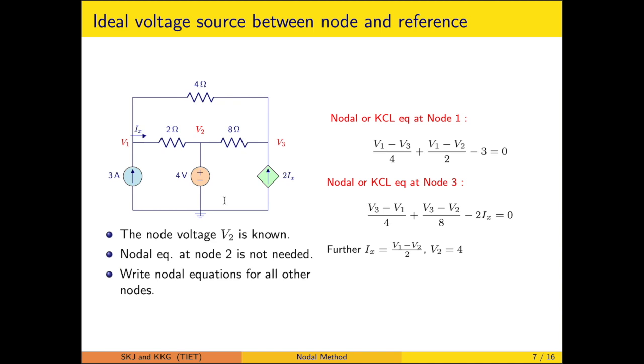So here, an ideal voltage source between a node and the reference. Let's say V2 has a direct voltage which is specified.